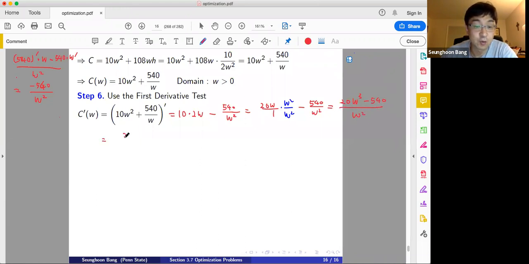I'm going to factor out 20: W cubed minus 27, over W squared.